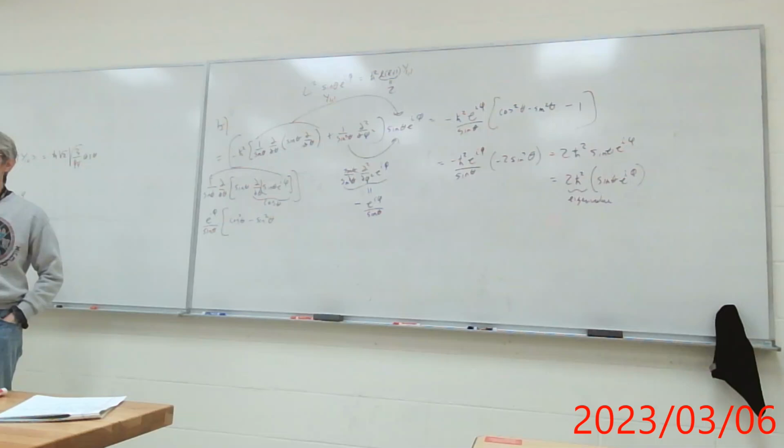Because remember, R dagger R gives me the identity. In other words, if I rotate a little bit around the z-axis in one direction, and I rotate a little bit around the z-axis in the other direction, I get one. Okay, so that gives us a differential equation for R.